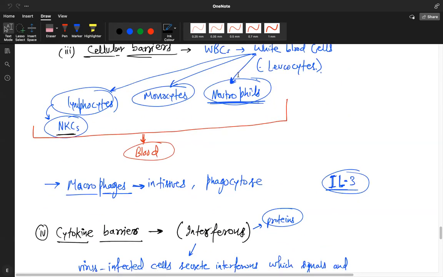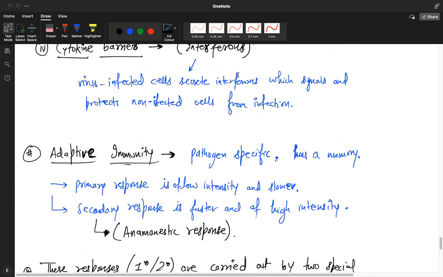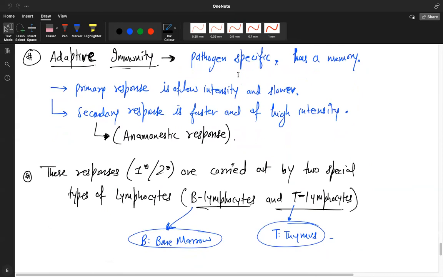Then we did acquired immunity, also known as adaptive immunity. This is pathogen specific and it is characterized by memory.